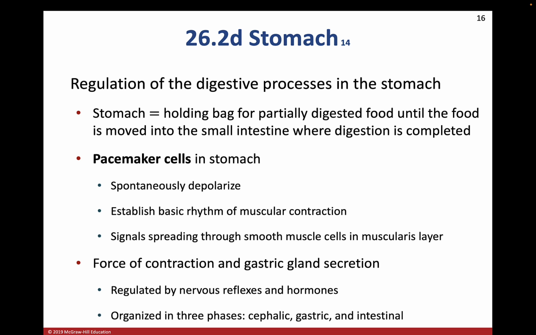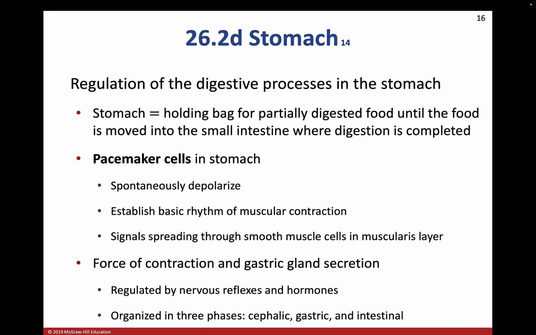So pacemaker cells, once again, they're responsible for spontaneously depolarizing and establishing the rhythm associated with muscular contraction within the stomach. Now, the signals will spread through smooth muscle cells and muscularis layers, and this is happening via the gap junctions. Now, force of contraction and gastric gland secretion, this is regulated by nervous reflexes and hormones.